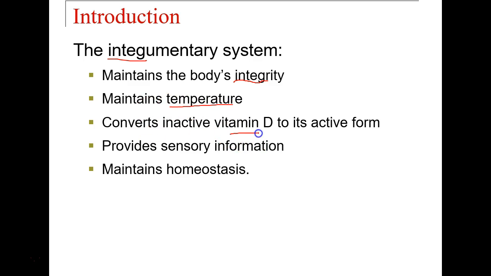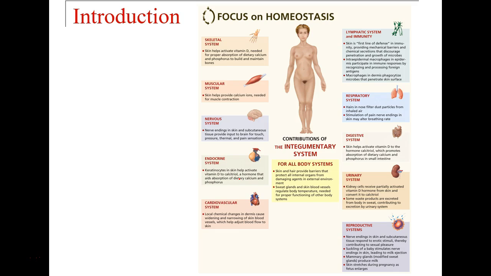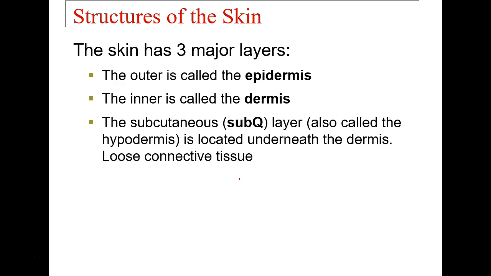We're converting vitamin D into a useful substance. We're providing sensory information from the world around us. And through all of this, we are maintaining homeostasis, creating a balance for the body. This chart gives you an explanation of how.